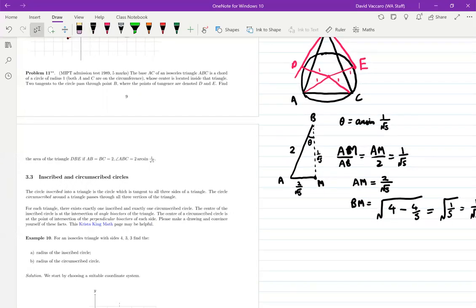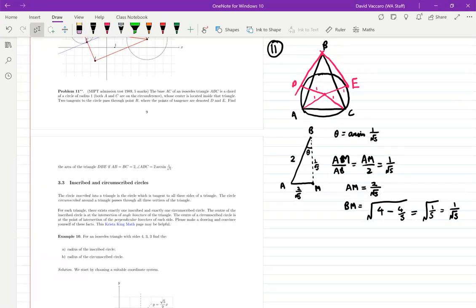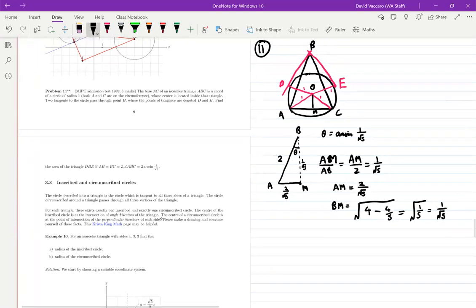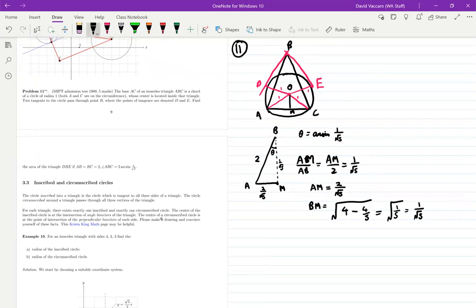Okay, the next distance I can find is the distance from M to the center of the circle, O. So if I now consider the triangle AMO, AM I've just found is 2 over root 5.